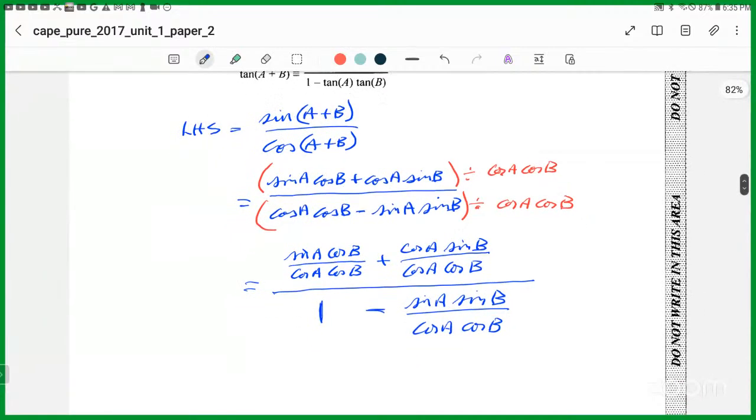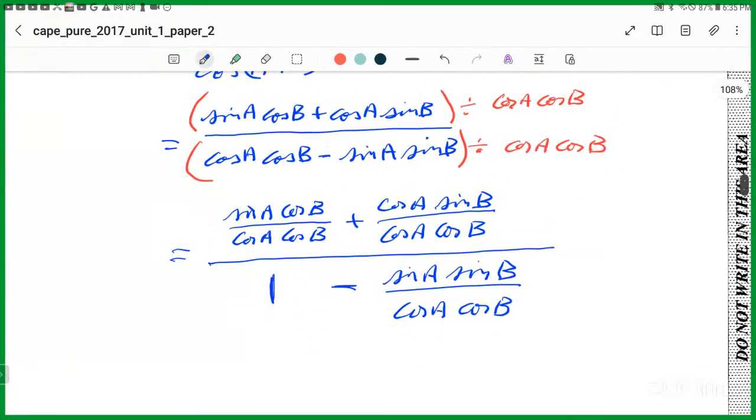Let's zoom in on it a bit. What happens here now is that this is cos B and cos B. They cancel each other. Then this is cos A and cos A. They cancel each other.